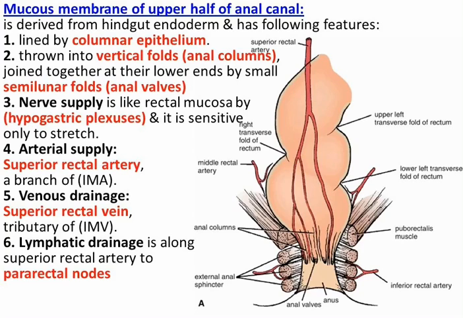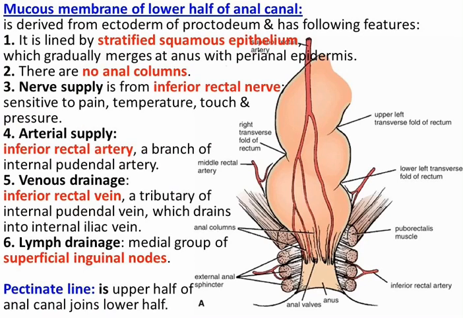Nerve supply is like rectal mucosa by hypogastric plexuses, and it is sensitive only to stretch. 4. Arterial supply, superior rectal artery, a branch of IMA. 5. Venous drainage, superior rectal vein, tributary of IMV. 6. Lymphatic drainage is along the superior rectal artery to pararectal nodes.